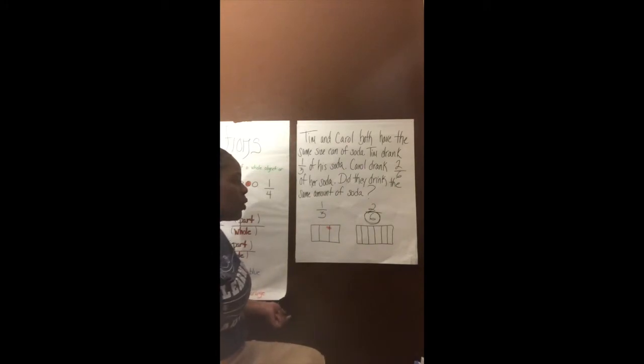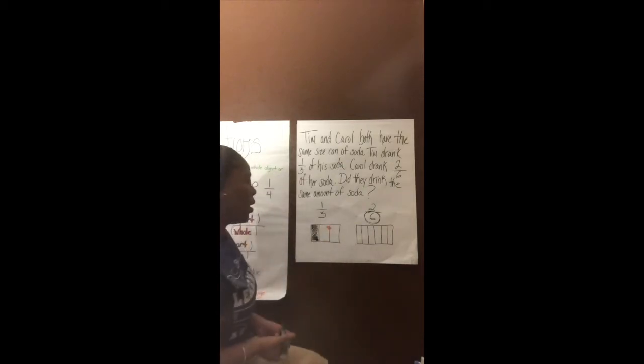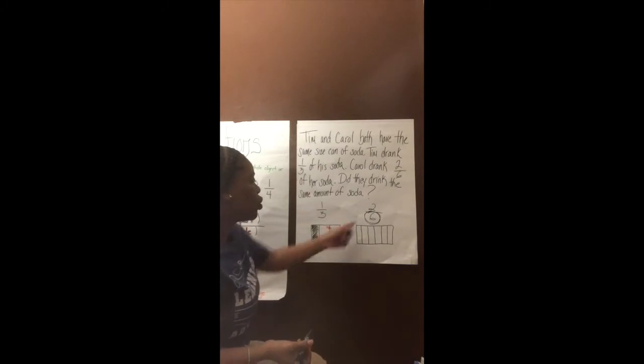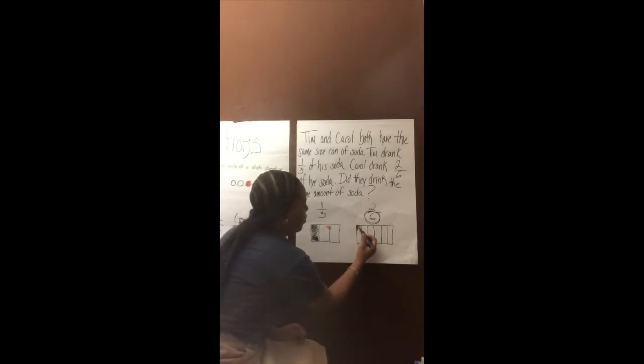So that's where I want you guys to help me now and take the time to shade in. Let's shade in 1/3 of this fraction model. Now I'm going to also shade in 2/6 of this fraction model.